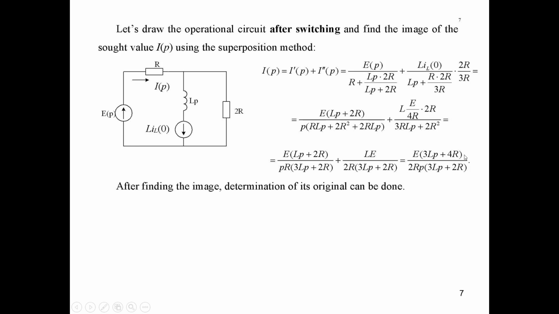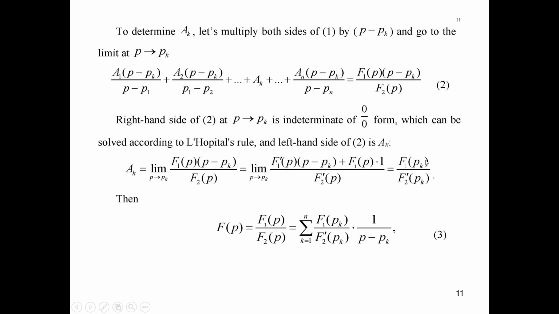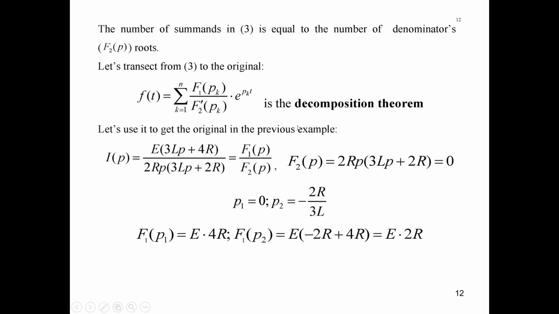So it is phi1 from p and it is phi2 from p. And now I will show you how to use this decomposition theorem to get a function of time, to obtain the real solution, knowing this operational image, the Laplace image of the current I of the considered schematic.